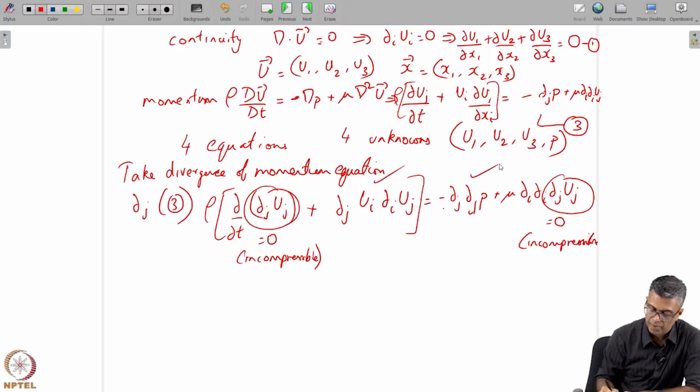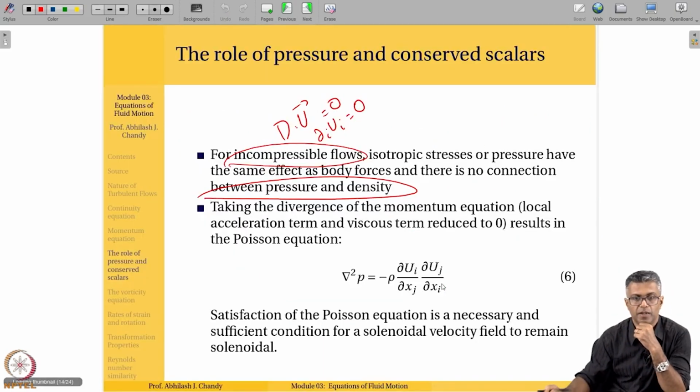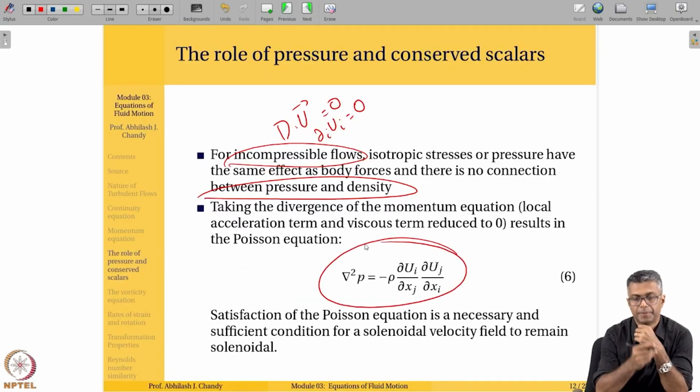What I have is del j ui, so that is del ui del xj and del uj del xi, is equal to minus del squared P. Del squared P is minus rho del ui del xj del uj del xi, isn't it?